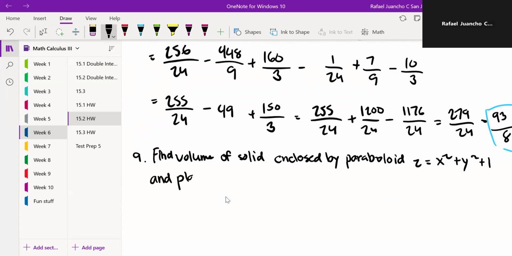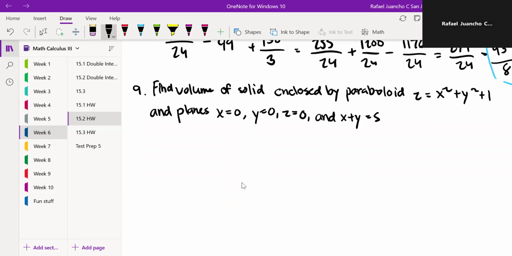And here's where we get our limits of integration. Planes that have x equals 0, y equals 0, z equals 0, and x plus y equals 5.